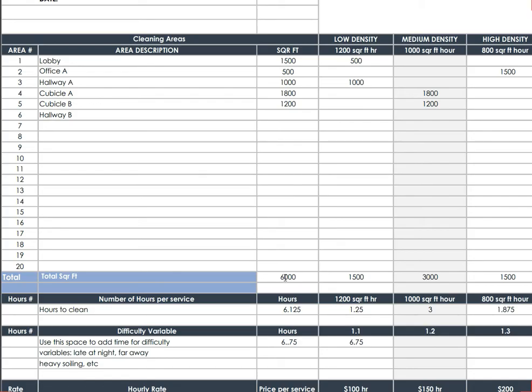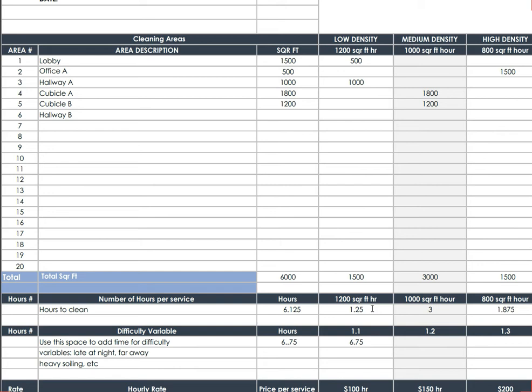So this space is 6,000 square feet total. 1,500 of it is low density, 3,000 is medium, and 1,500 is high density. We're moving really slow on some of these areas. So the next section is, well, okay, we have the square footage. How many hours is this going to take us?